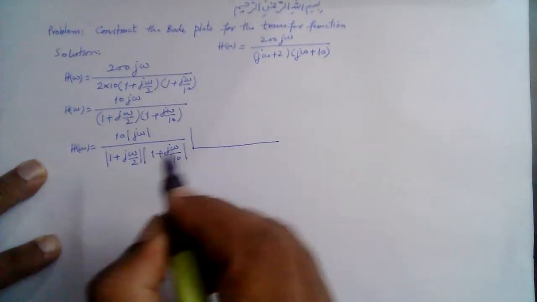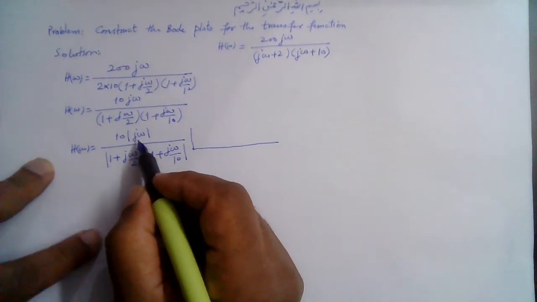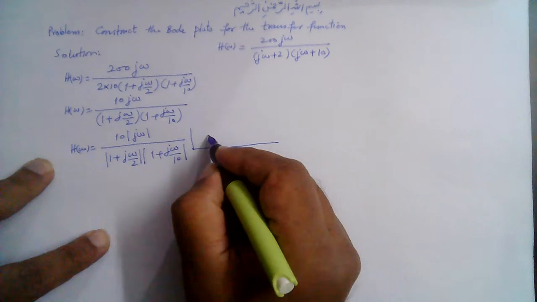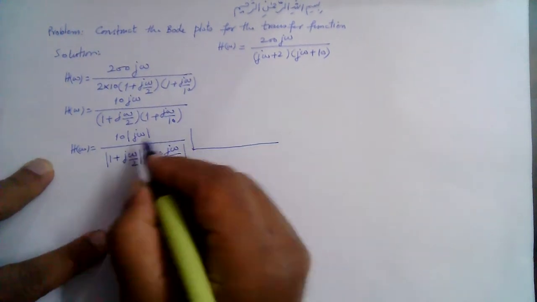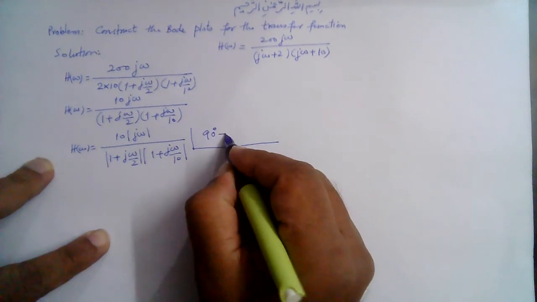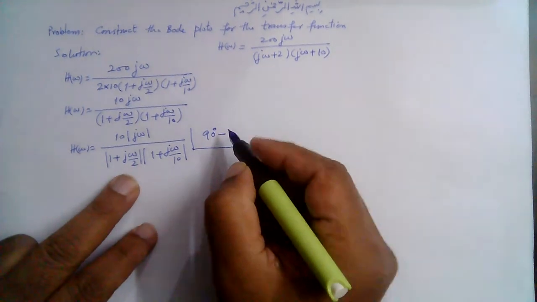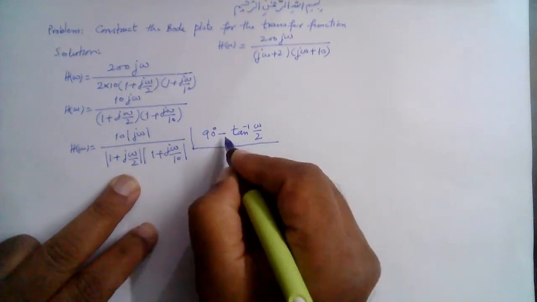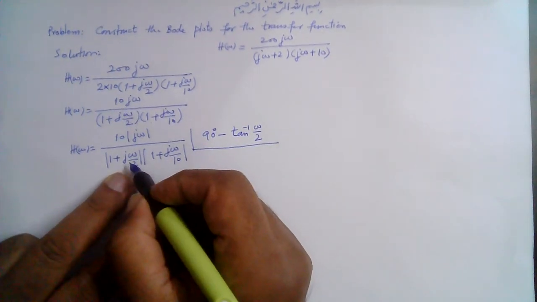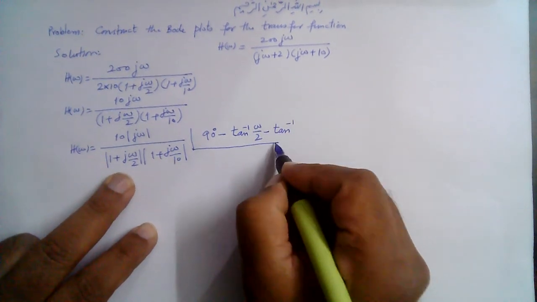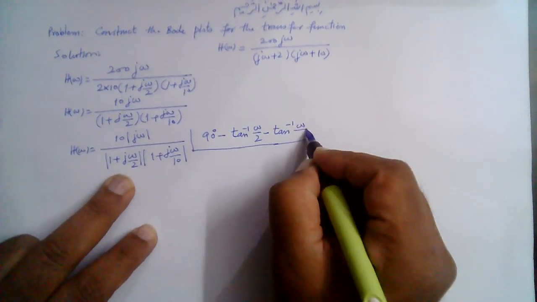This j omega term causes 90 degrees, and this constant term causes 0 degrees only. So this is 90 degrees, and minus tan inverse omega over 2. This is minus because this is in the denominator and this is the pole, and then minus tan inverse omega over 10.